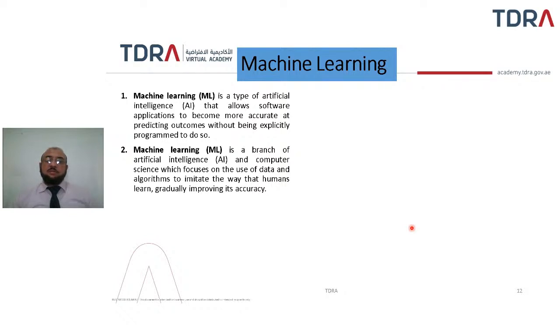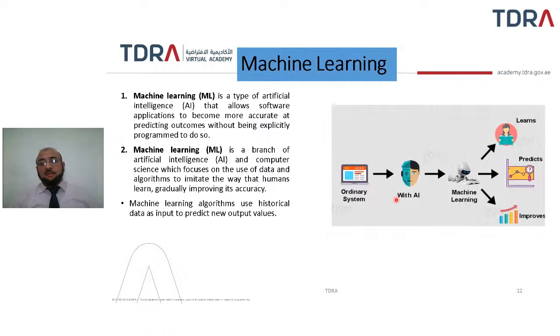So, machine learning is a branch of artificial intelligence and computer science that focuses on the use of data and algorithms to imitate the way that humans learn, gradually improving its accuracy. In machine learning, we provide the data to the algorithms, the model, and machine learning then gives us the results.